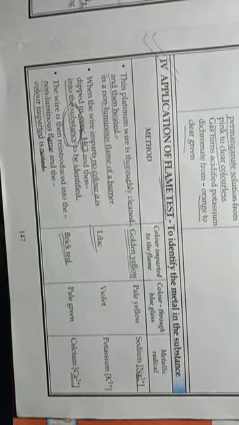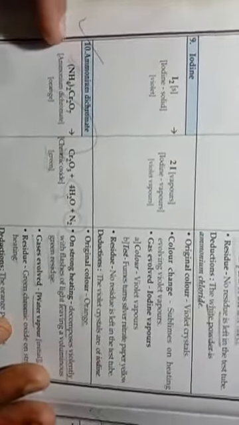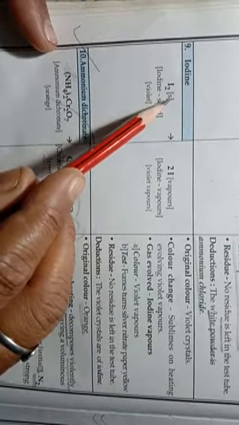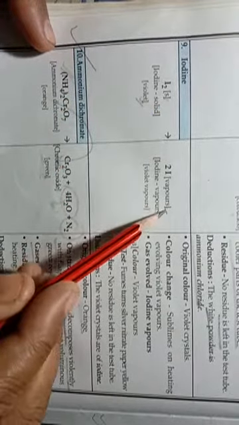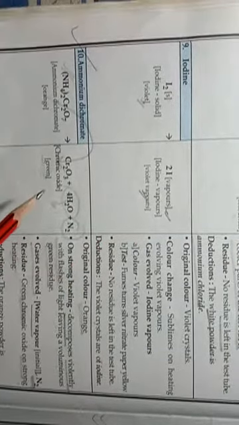Okay students, then this observation: what happens when iodine, which is solid in normal condition, is heated. So iodine solid, which is violet in color, produces vapors which are violet in color.